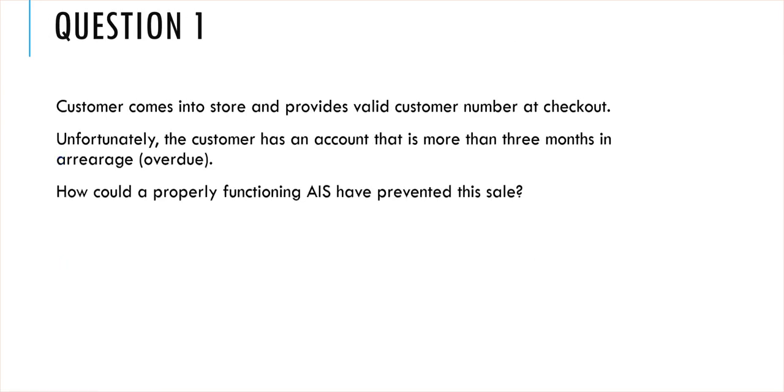So a customer walks into a store, gives a valid customer number, and tries to make a purchase, but it's more than 3 months overdue. What should happen? Well, yes, a properly functioning AIS should have either prevented the sale or there should have been a prompt which causes something else to happen. And I'm just going to create one little model of what I think could happen.